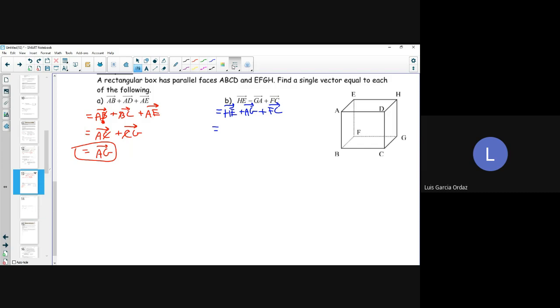All right. So vector HE is also the same as saying vector DA. The A's cancel out, so I get vector DC plus vector FC. FC is the same thing as saying DG, sorry, DG, whoops. So it'd be vector DG.